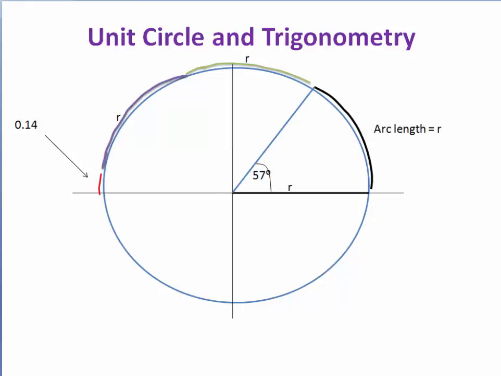Just as a point of interest, we use radians when you're working with a unit circle. So a radian involves using this radius.